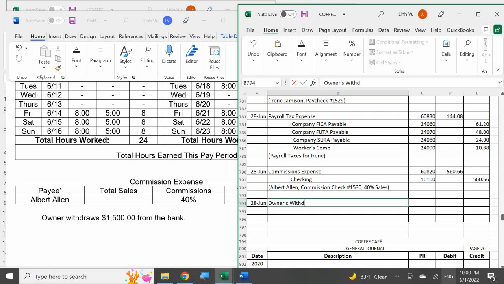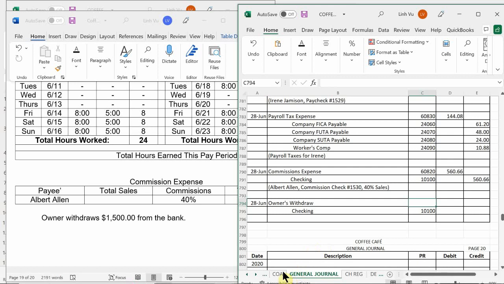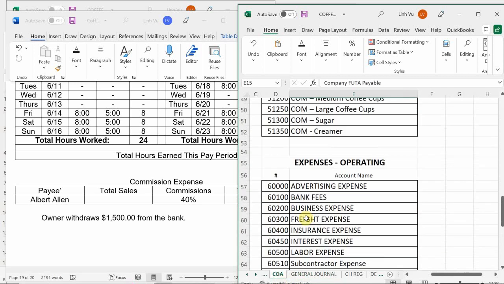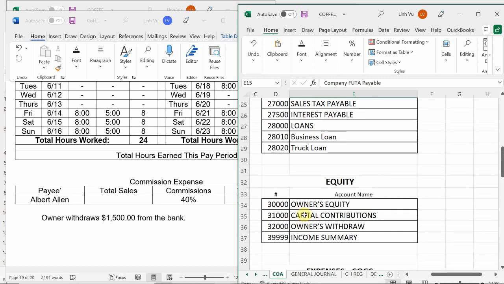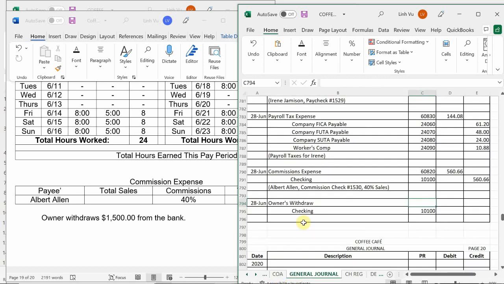Okay? And how did he do that? Well, he took money from the checking account, so therefore, it's going to come out from the checking account. Now, checking is 10,100, and owner's withdrawal is account number 32,000.